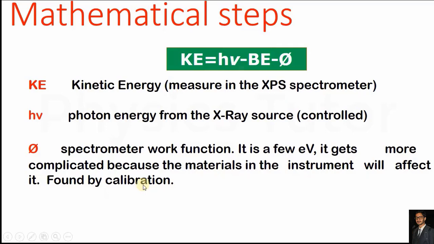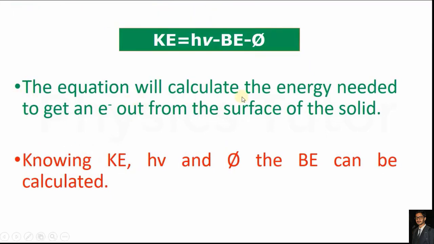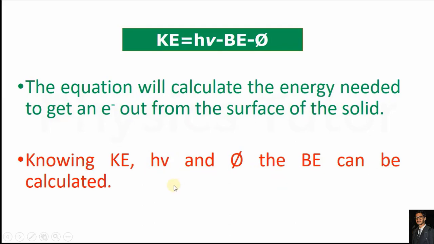So these are the basic steps which are used for the calculation in XPS in the form of the CMA detector. This equation will also calculate the energy needed to get an electron out from the surface of a solid. Knowing the kinetic energy, photon value, and work function, the binding energy can also be calculated.